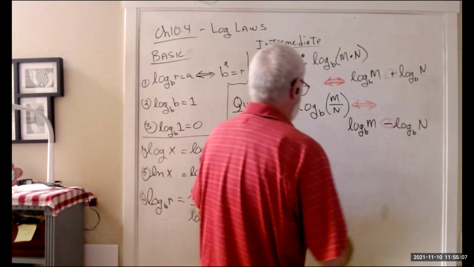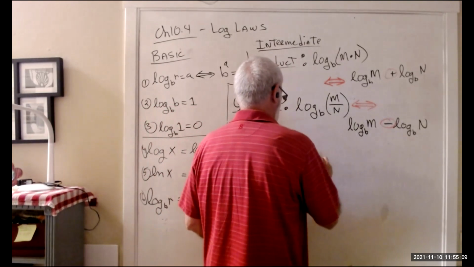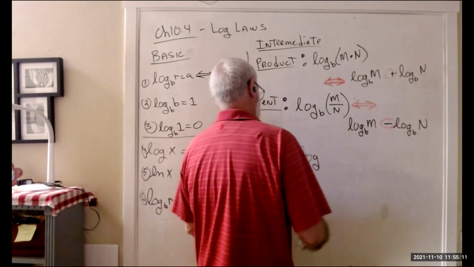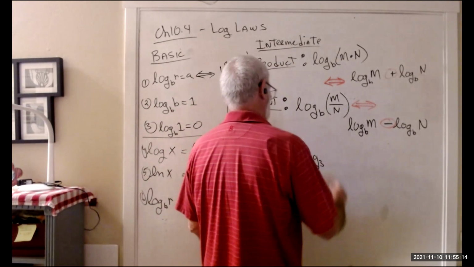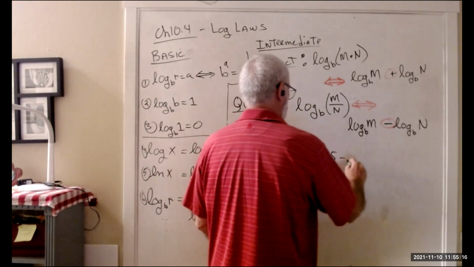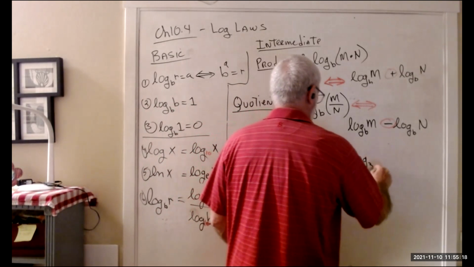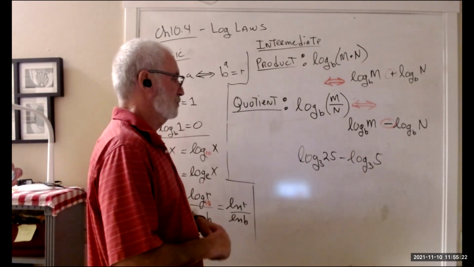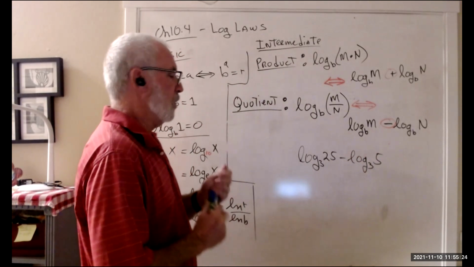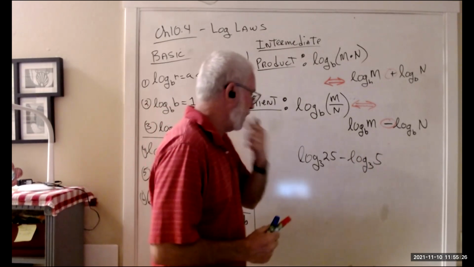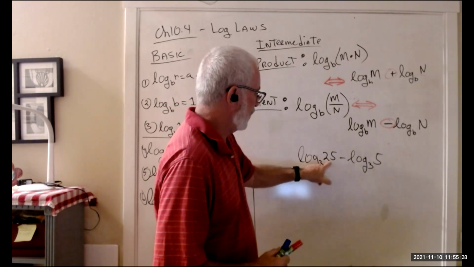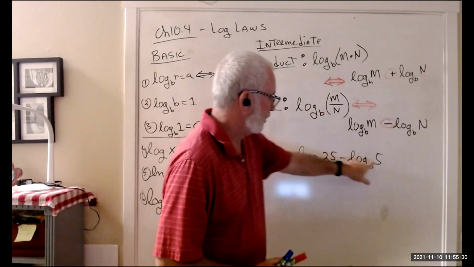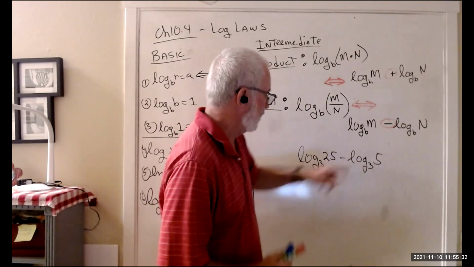Suppose you had log base 3 of 25 minus log base 3 of 5. Well, I'm looking at this going, wait a minute. They're both base 3, they're minus.